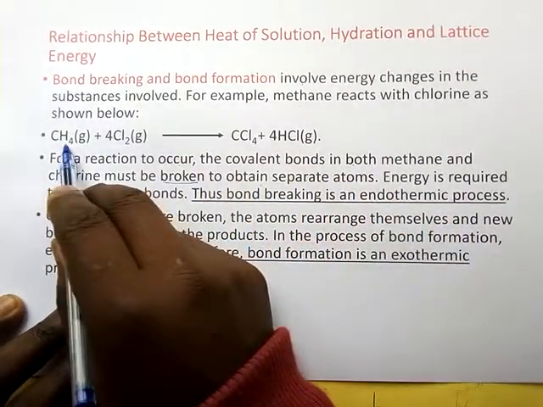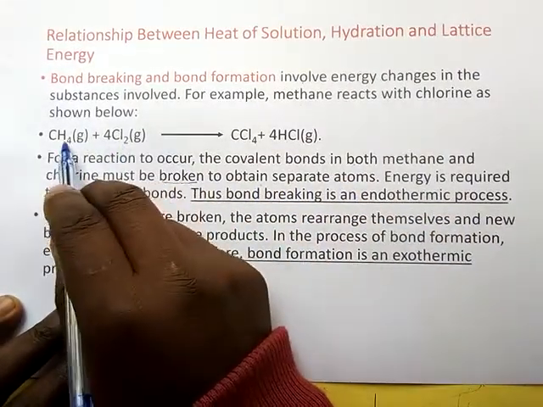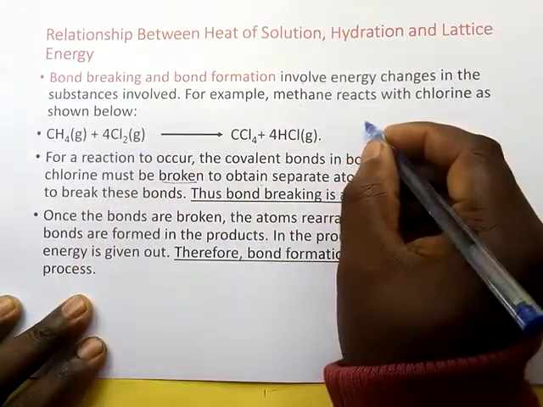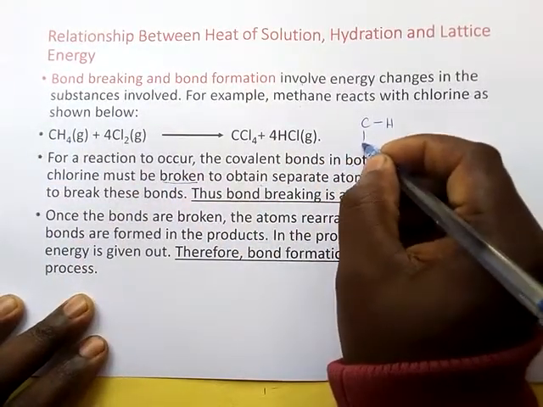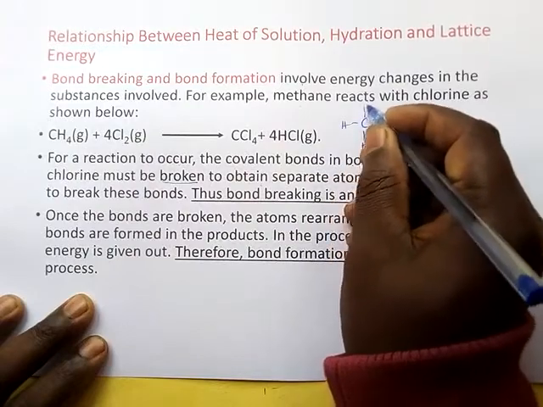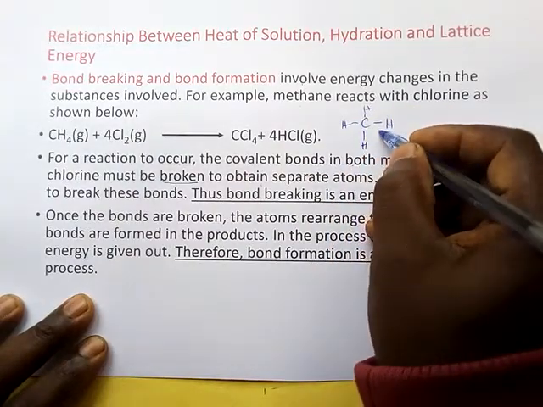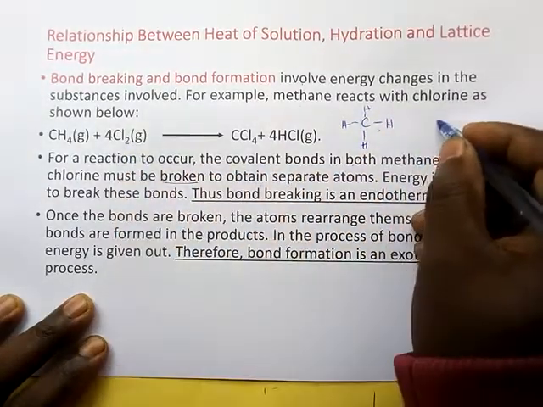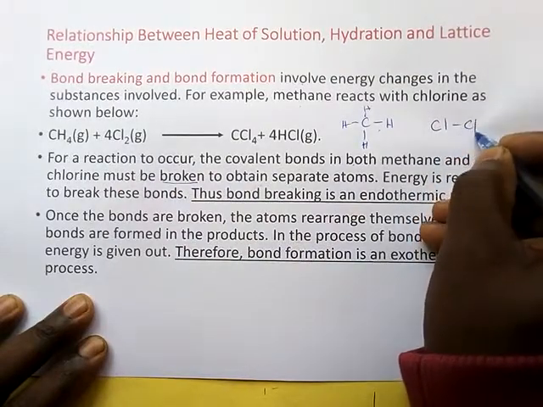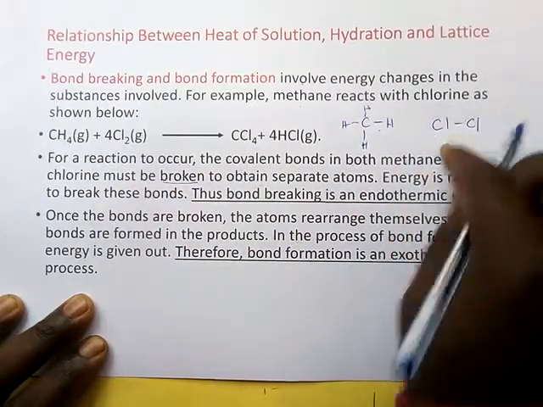So the bonds in methane must break like this, carbon-hydrogen, hydrogen, hydrogen, hydrogen. This is bond breaking. Chlorine must break like this, chlorine, chlorine. This is what we call bond breaking.